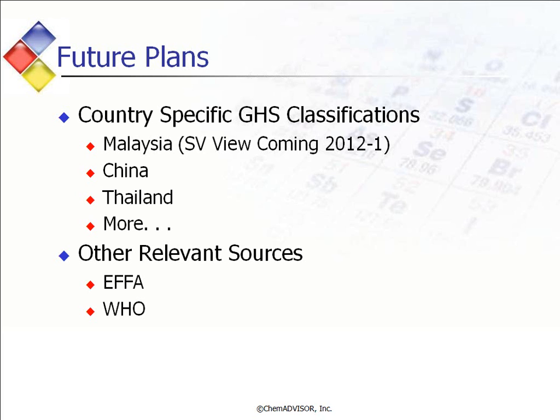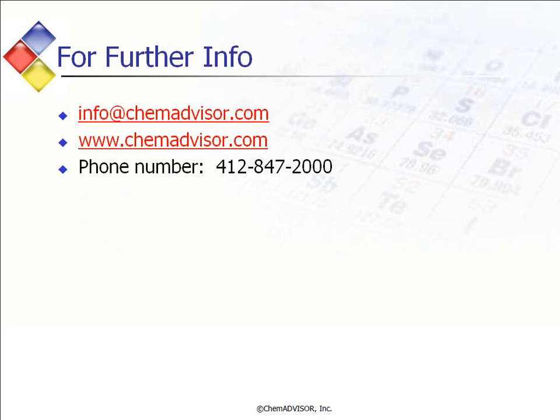Those are not available quite yet. Other relevant sources already in LOLI with GHS style classifications include the EFFA and WHO. Those will also be migrating to a standardized view, but the source list itself is already available. And that's everything that I have as part of the presentation.